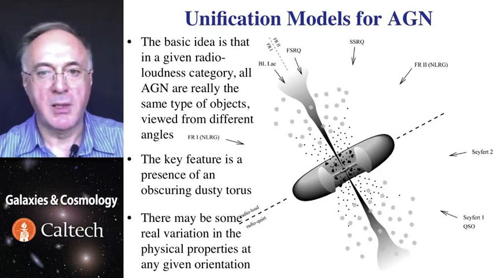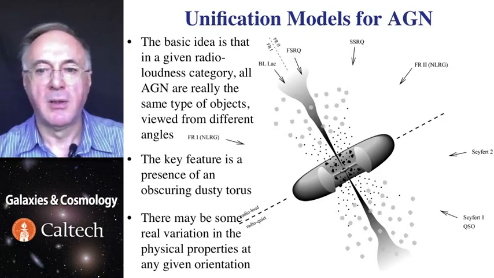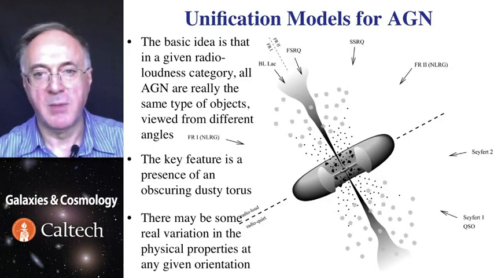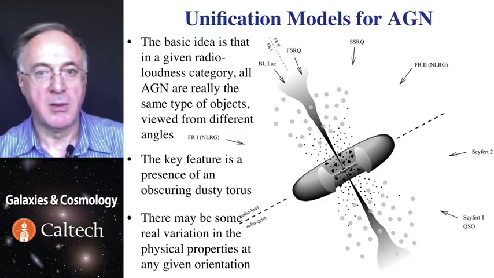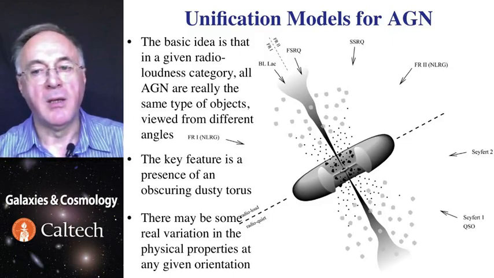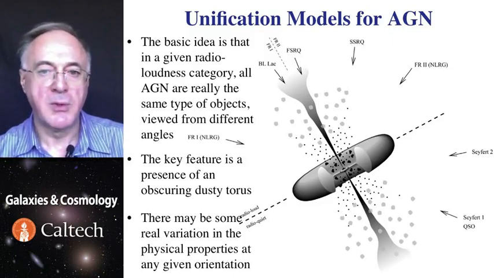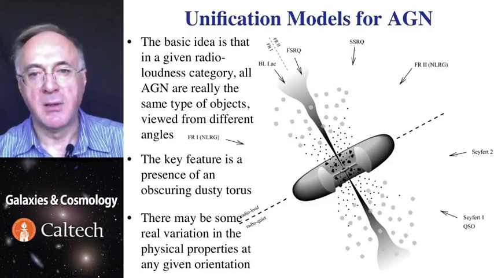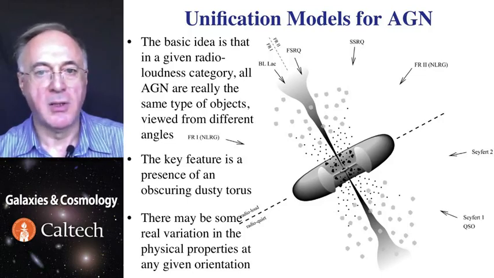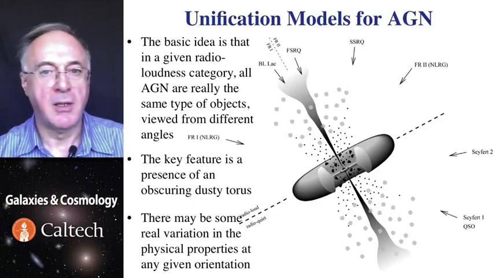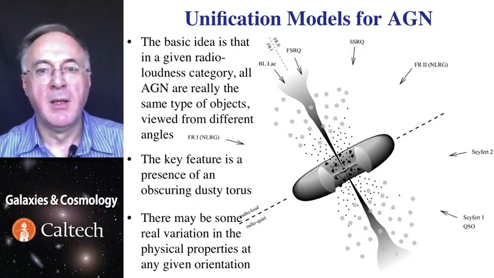And in this regard, if you look closer to the axis of the system, you'll see broad lines and continuums. So those will be Seyfert type 1 or traditional quasars, or broad emission line galaxies. If you look more from the torus side, you'll see the Seyfert 2s, or narrow emission line objects, or narrow emission line radio galaxies.